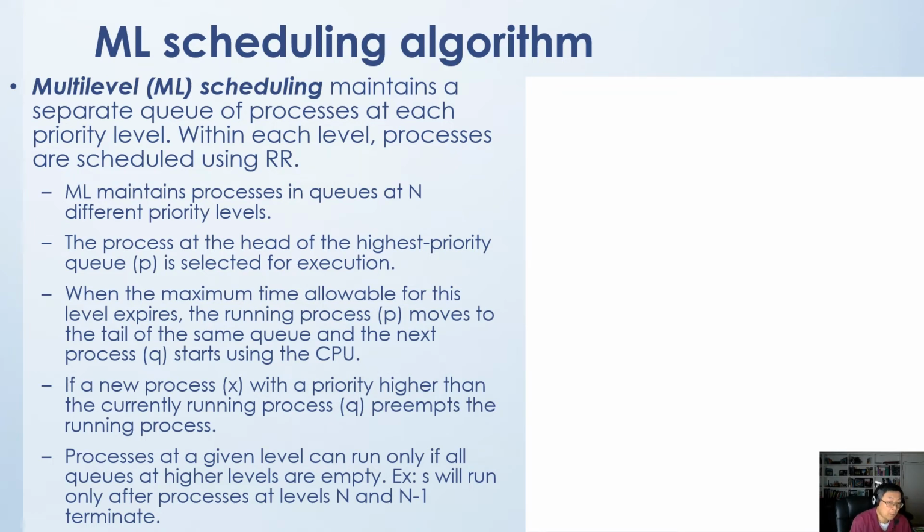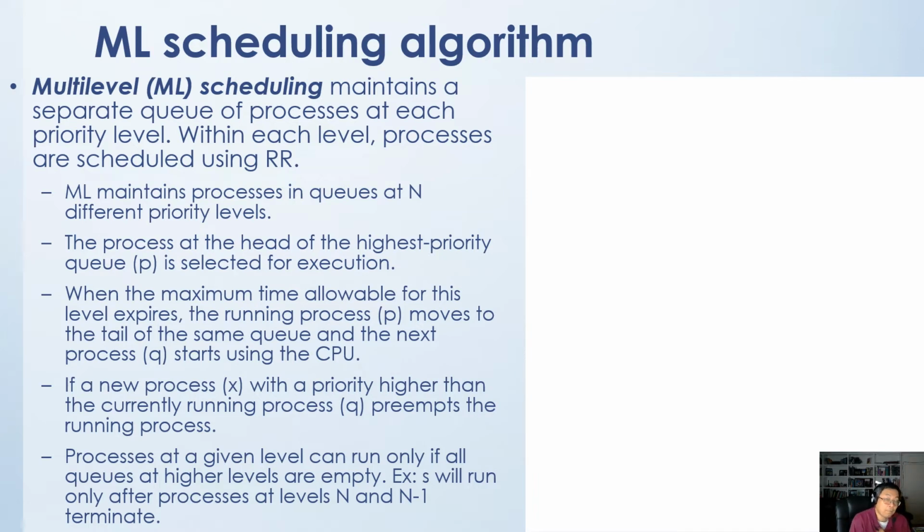Once the process completes its time slice, it will be placed at the tail of the queue, and then the operating system scheduling algorithm is going to select the next process at the head of the queue. Now, this is actually going to go on.